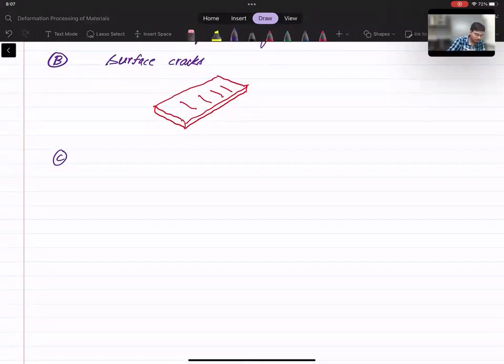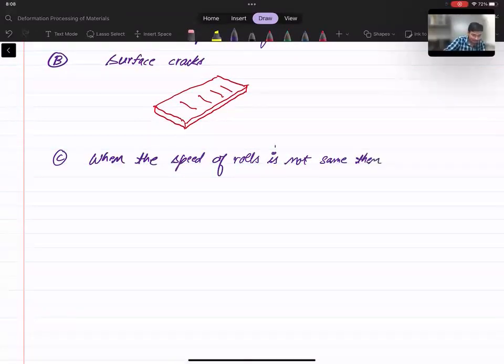Okay, so when the speed of rollers is not the same, then bending problem occurs.